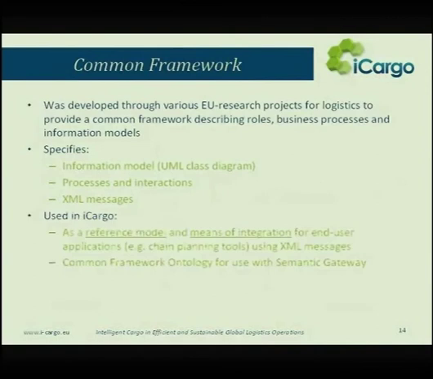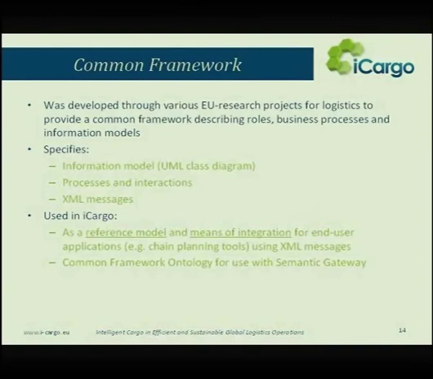Now, we use the common framework in iCargo as a reference model. We have a number of business level innovations, and we've specified them in terms of the common framework. So we have a standardized way of integrating various end-user applications that are also being developed in the project, and say, this is, for example, how chain composition works, and these are the interactions that are used there.